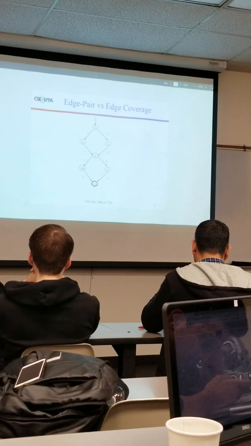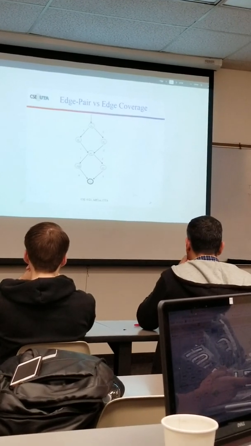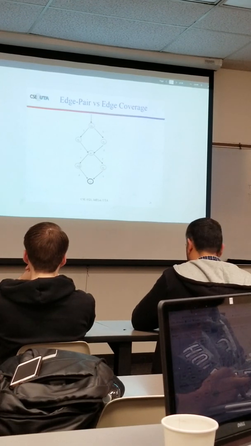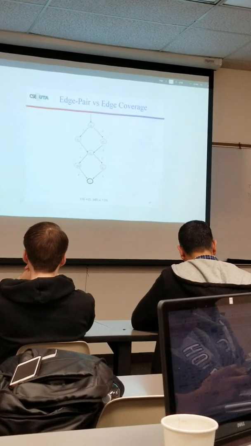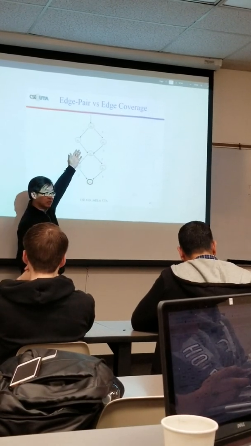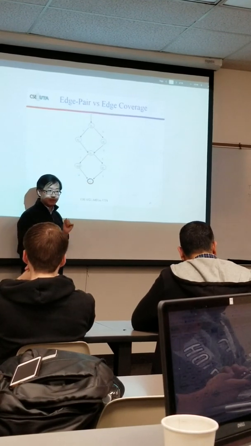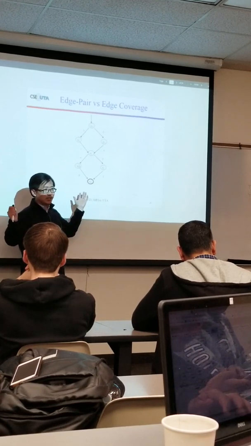And again, I want you to have this mindset when you test. We're not trying to detect every possible bug in your program. We're not trying to prove correctness. What we're trying to do is to maximize the confidence with the resources that we have. So if you look at edge coverage, you could say some bugs may only be detected if you execute this kind of cross pair. That's possible. So when you do edge coverage, you're not going to detect that.